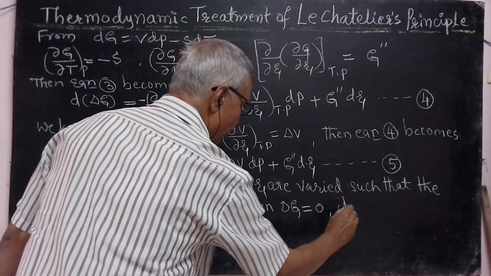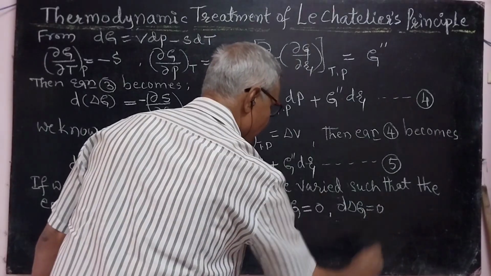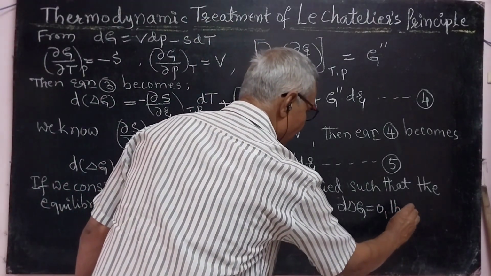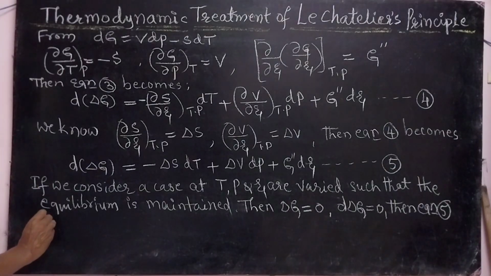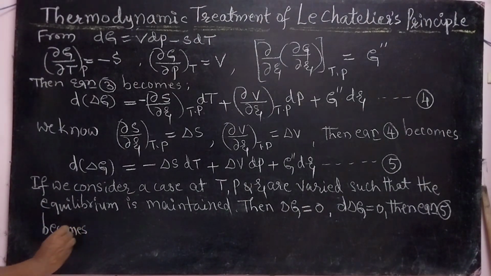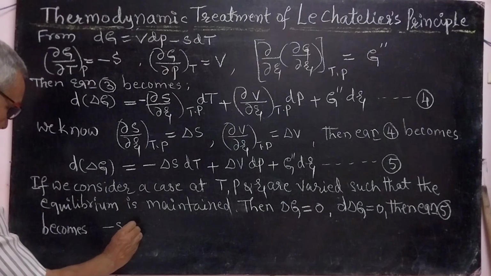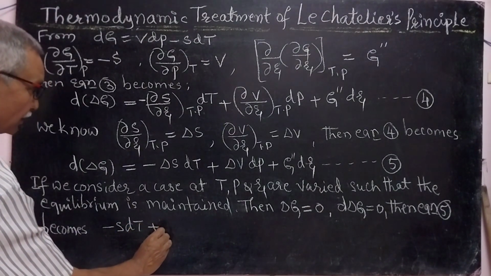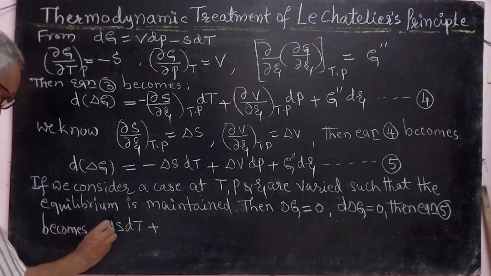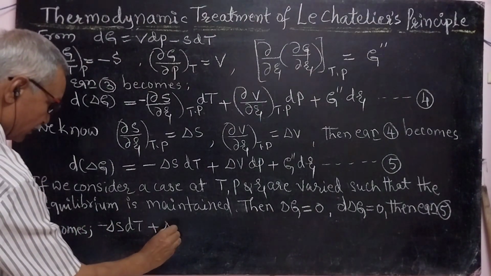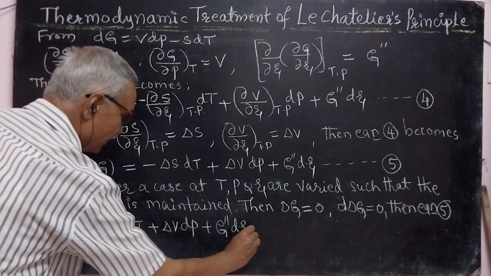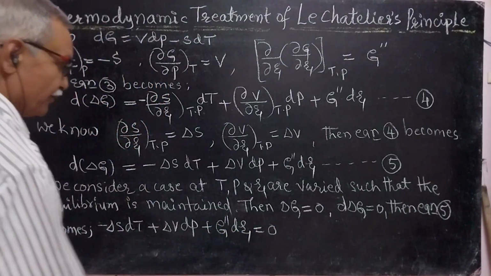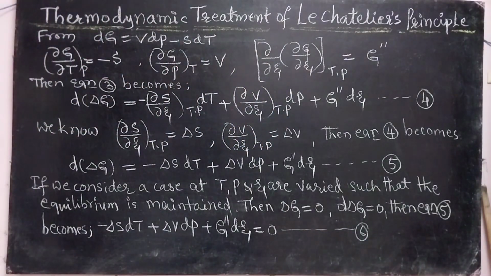Then d of ΔG also becomes 0. Then equation 5 becomes −ΔS dT plus ΔV dP plus G double dash dξ equals 0. So this is equation 6.